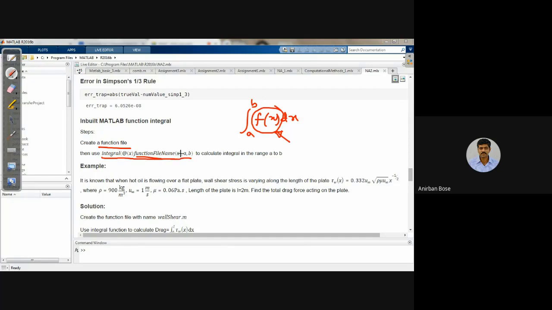There may be multiple inputs, so you have to write those here too. Instead of x you can write y or z, but the same thing has to be written here and here; these two should be the same. Finally, separated by commas, you give the range of the values of x over which you want to find the definite integral, a comma b. This is the syntax, and it will automatically compute the integration for you.